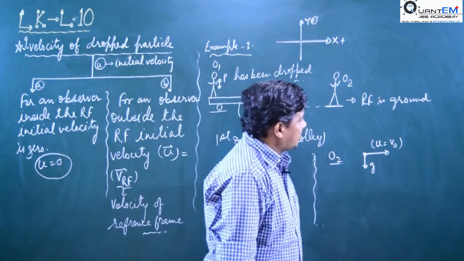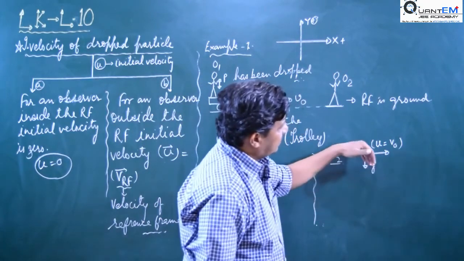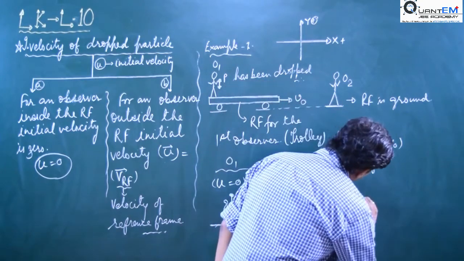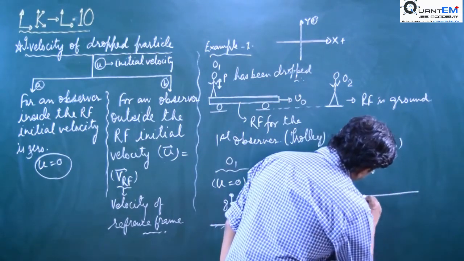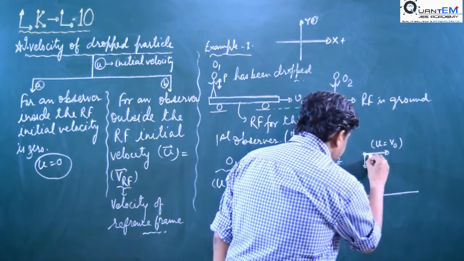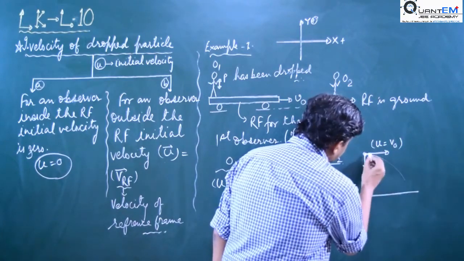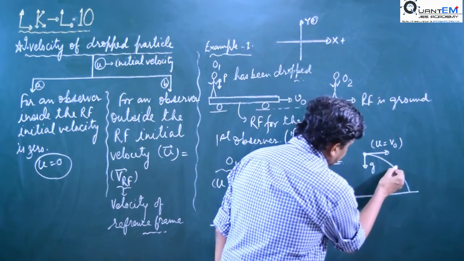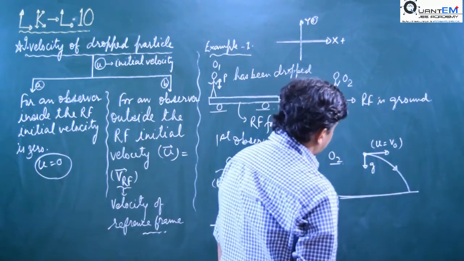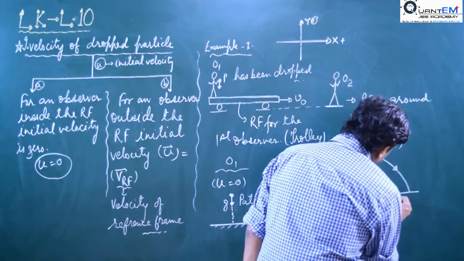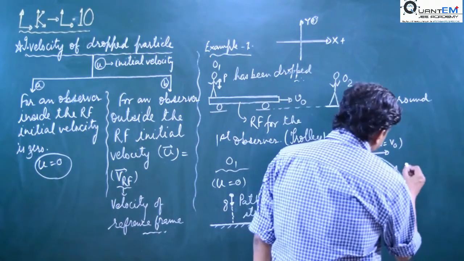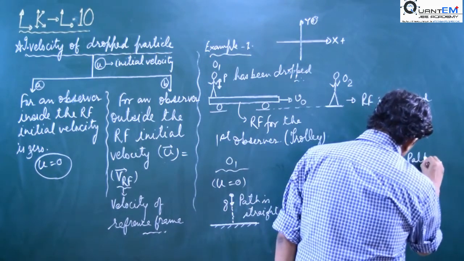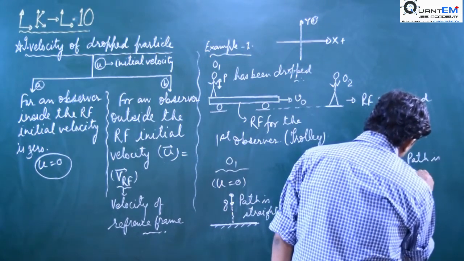So under the effect of gravity and the initial velocity, the particle motion is not straight. See, it is what? It is the trolley surface. So it is like this. For the second observer, the particle is moving like this, and this path will be what? The parabolic path. So for the second observer, the path is a curve.